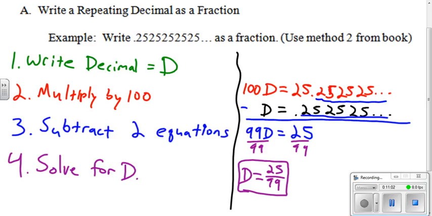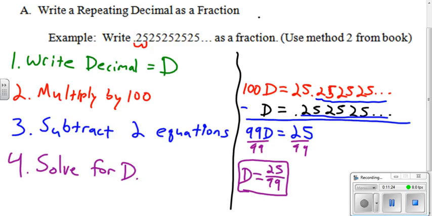So how do we know when to multiply by 100, or when to multiply by 10, or when to multiply by maybe 1,000? The decimal point to get to the repetition, it's 25, 25, 25, 25. We had to move over 2 places, 1, 2. So that means we need to multiply by 100.